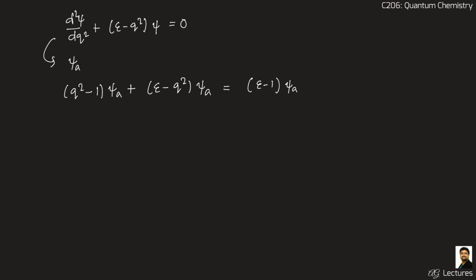psi a. Now here we use the fact that epsilon is a small number, and therefore this whole epsilon minus 1 is a small number, and therefore this equation is going to 0 as q goes to plus or minus infinity.